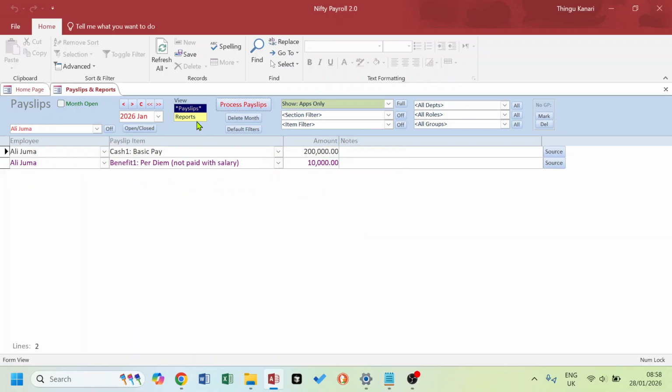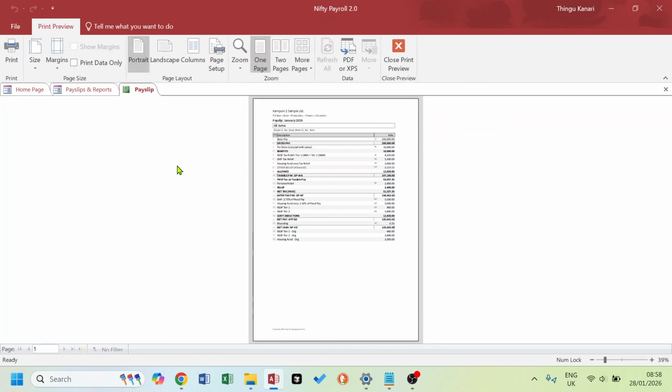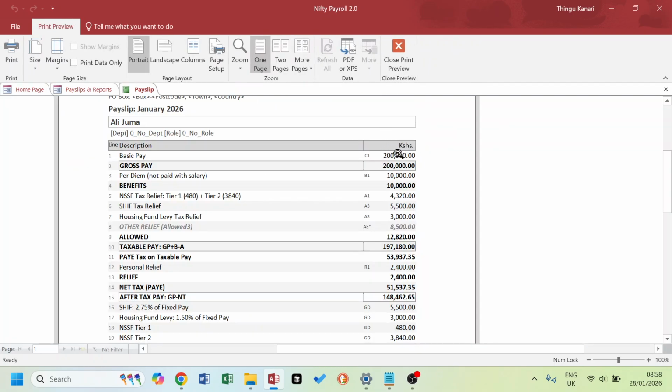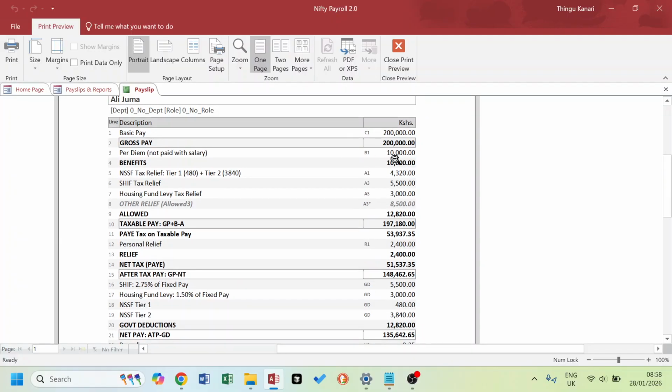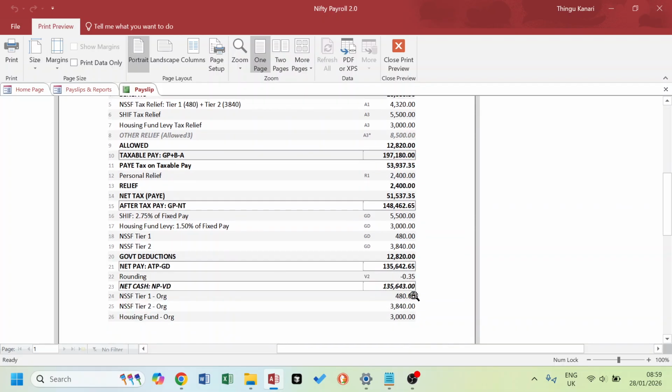So now you have the benefit. When you look at his payslip, there is no impact on his gross pay, which is where his net cash is calculated from, but it is added as a benefit so that it can increase his taxable pay. So it is taxed without paying him through the payroll.